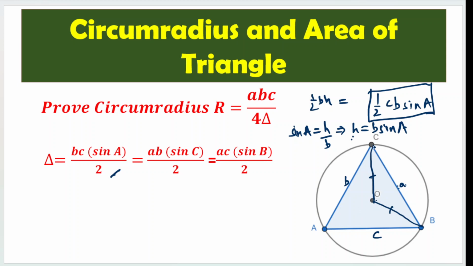What does that mean? In this triangle OBC, angles opposite to equal sides are equal. This angle is equal to this angle. Let us draw a perpendicular from this point to this.